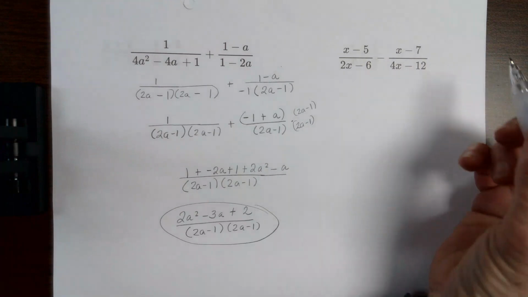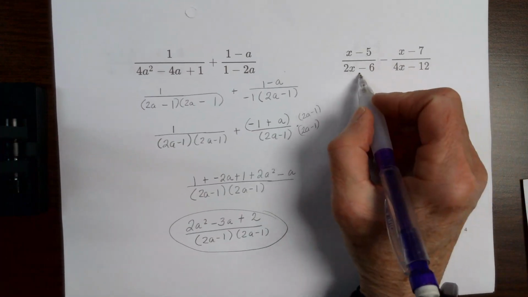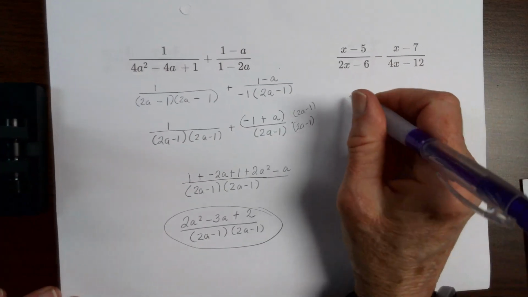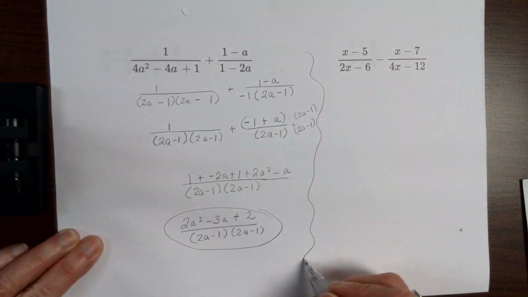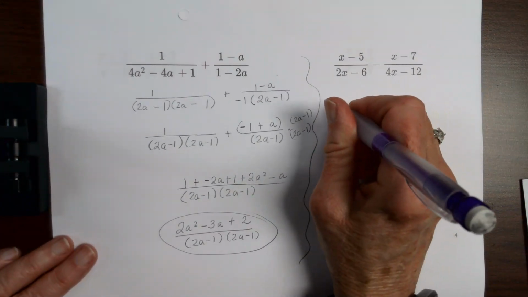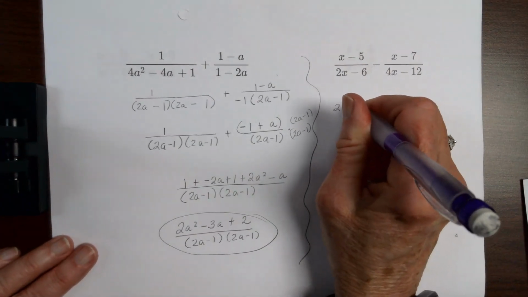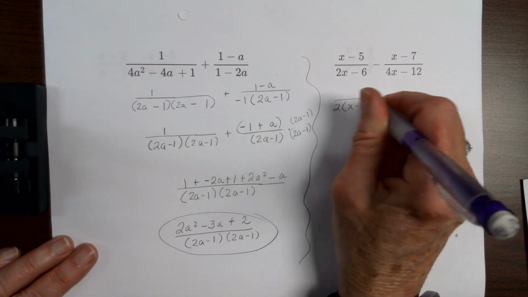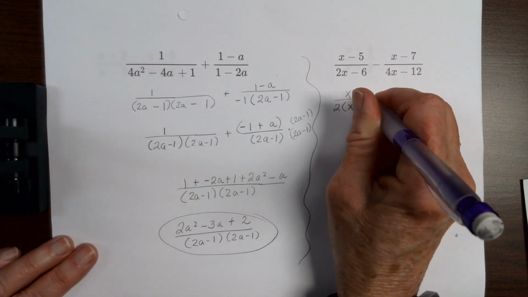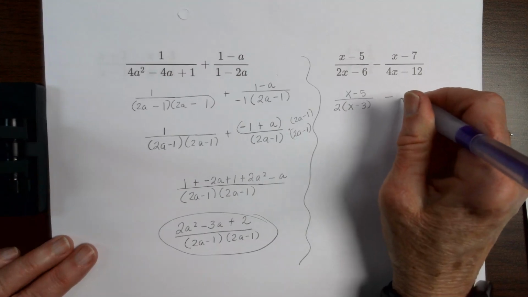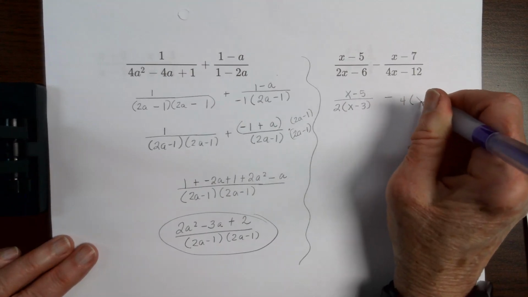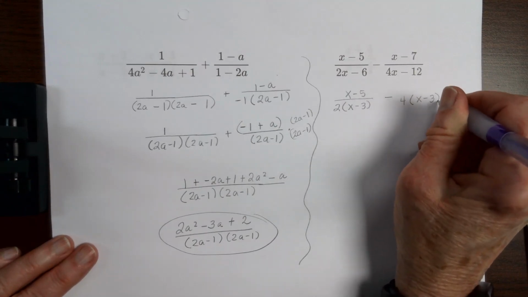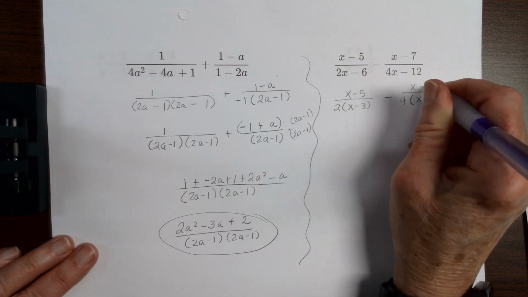All right, let's come over here. The only thing I can do on these is factor out a 2 here, so I have an x minus 3, and on the top I have an x minus 5. This one I can factor out a 4, and I'll have an x minus 3, x minus 7.